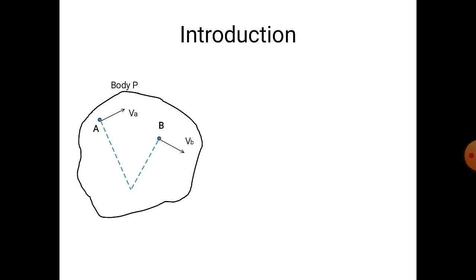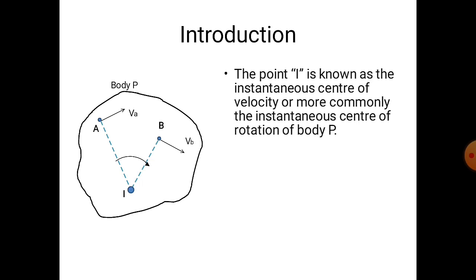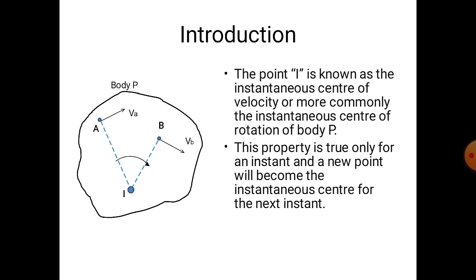perpendiculars drawn to VA and VB will intersect at a common point I. The body P will be rotating about I at that instant. This point I is known as the instantaneous center of velocity, or more commonly the instantaneous center of rotation of body P. This property is true only for an instant.